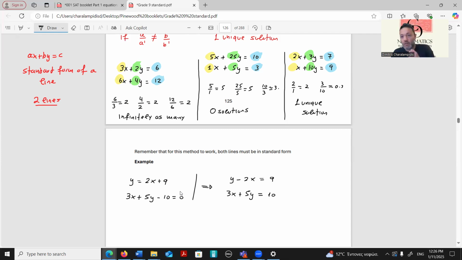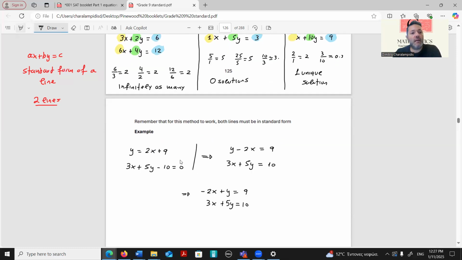But that's not yet enough. Yes, I found them both in standard form, but I want them to be on the same column. The same column should be x's, then y's, then constants. So I'm gonna rewrite them first as minus 2x plus y equals 9, 3x plus 5y equals 10.